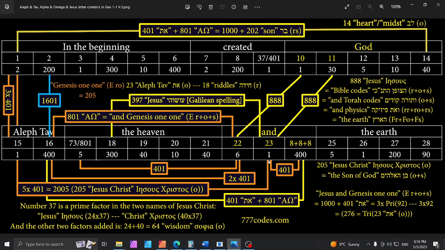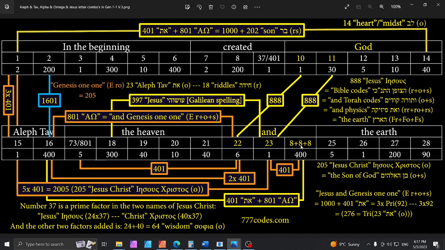The letters added from order number 23, which is Aleph and Tav, to letter number 24, the letter beside it, which is 8 plus 8 plus 8, is Aleph and Tav.